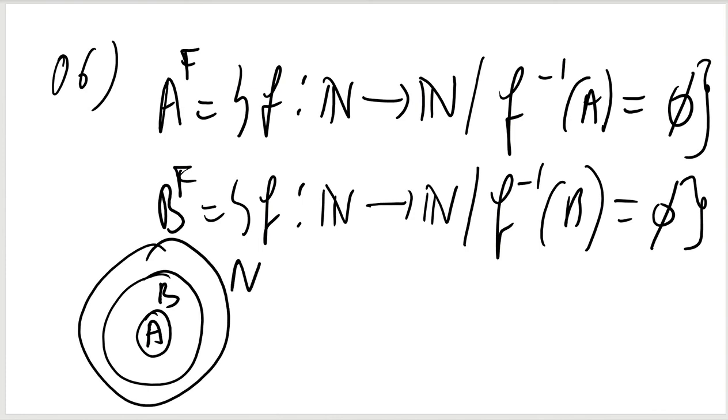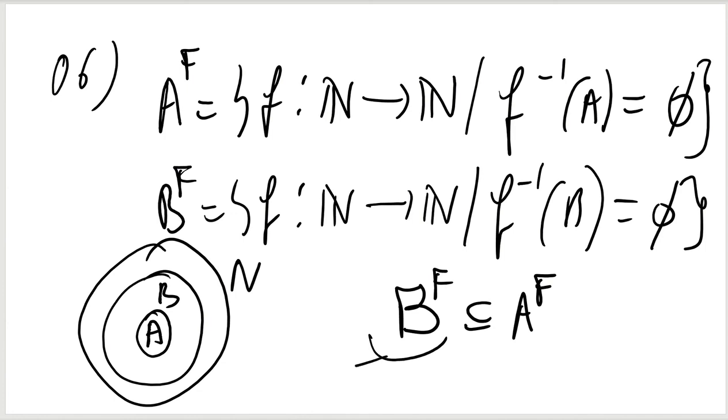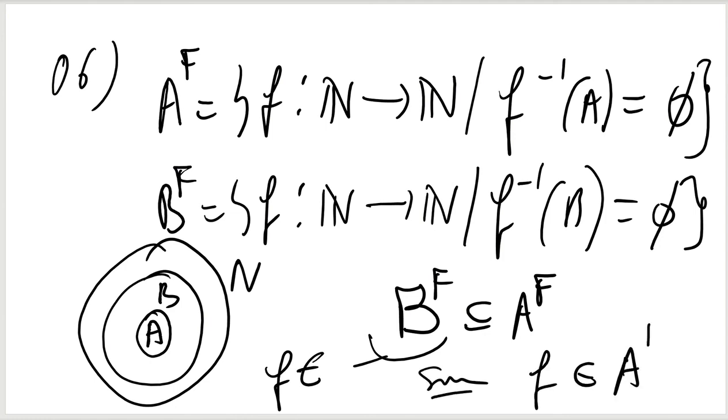And the question is to prove that B_F is a subset of A_F, right? And be careful, because these are functions, so we must pick a certain function in this set. So you must pick f in that set, and then show that f is in A_F.